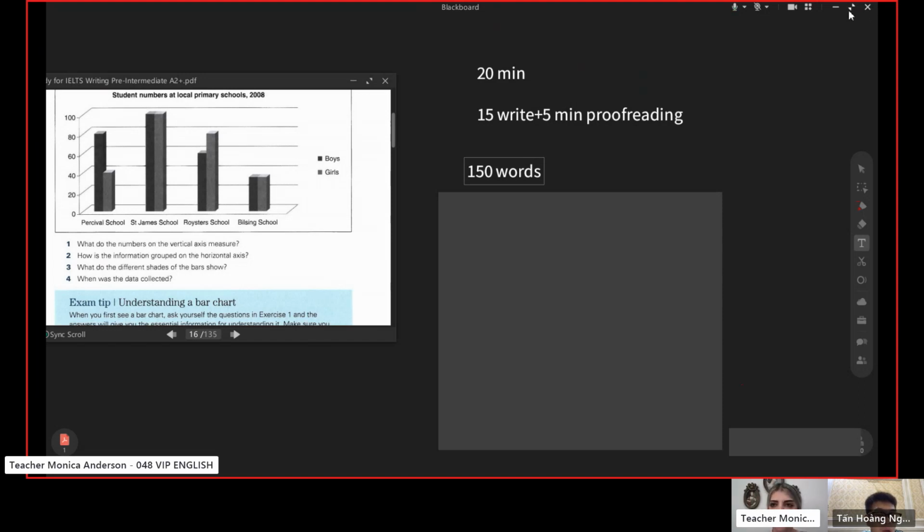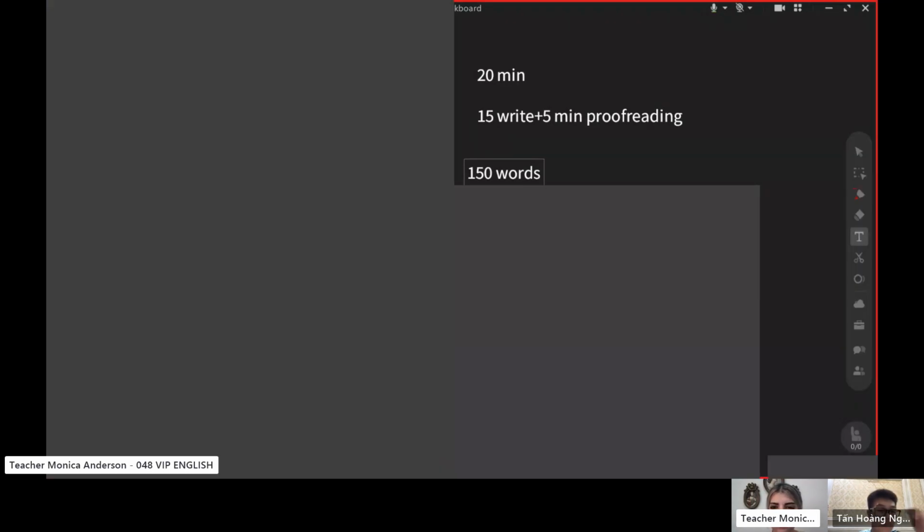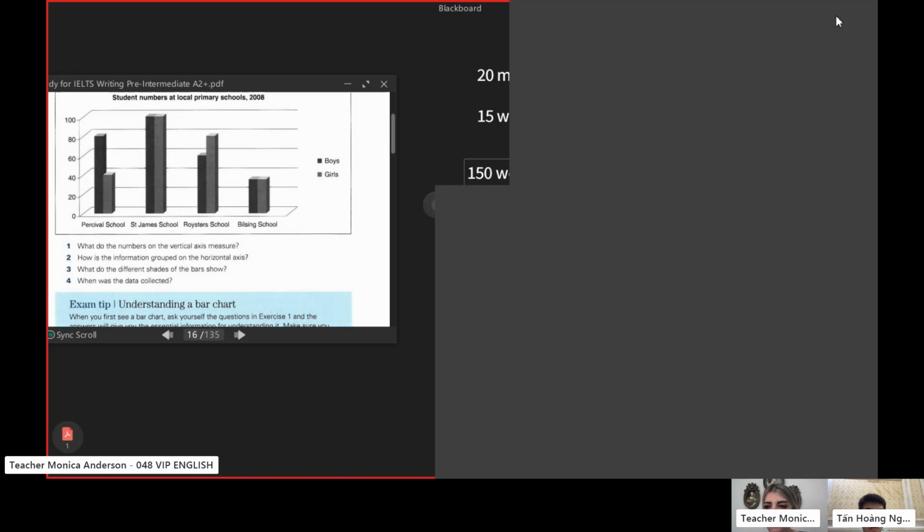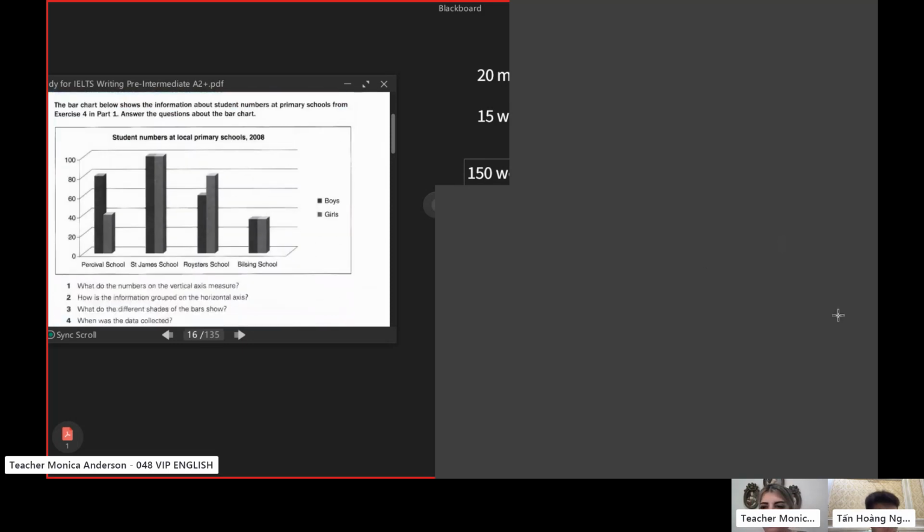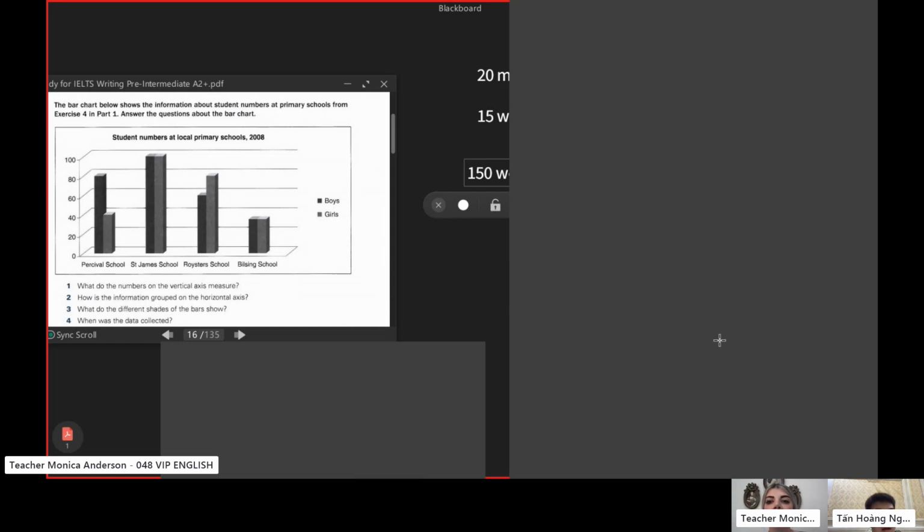Try to think of it and answer. Let me put the picture here so that I can see. I'm sorry. I think that the vertical axis measures the numbers of students at 4 local primary schools in 2008.